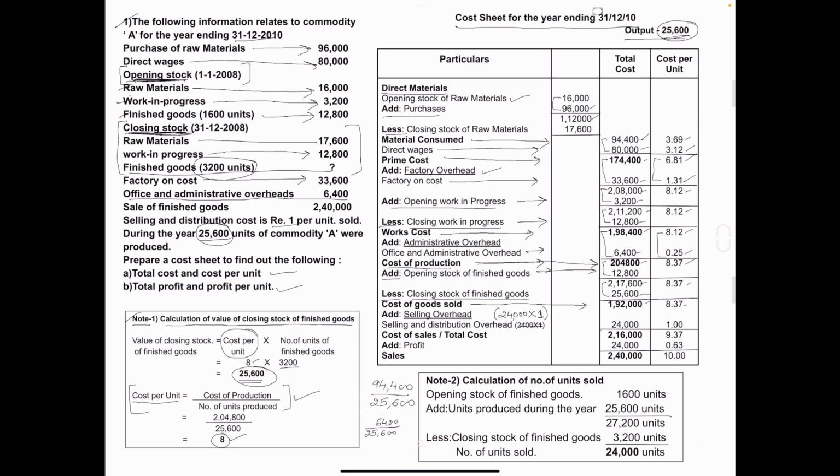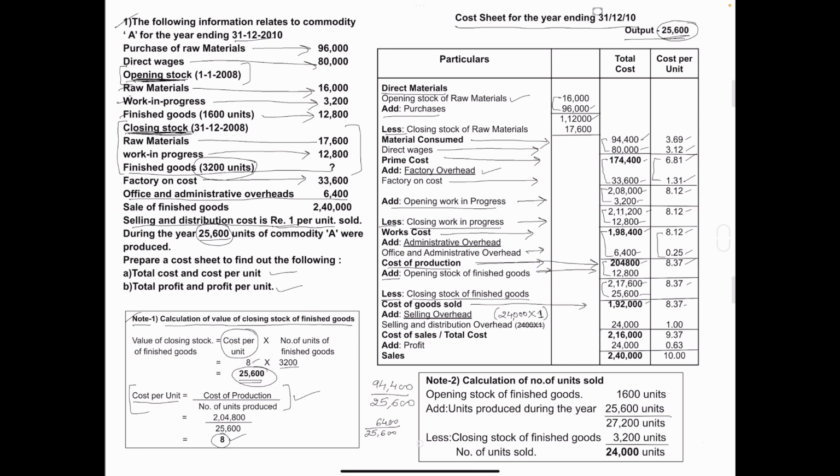See in the problem, selling and distribution cost is ₹1 per unit sold. Means if you sell 1 unit, 1 product, the selling overhead is ₹1.